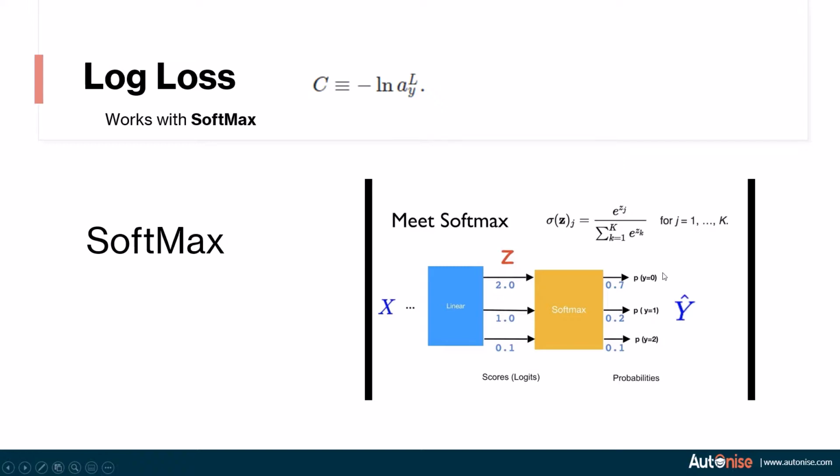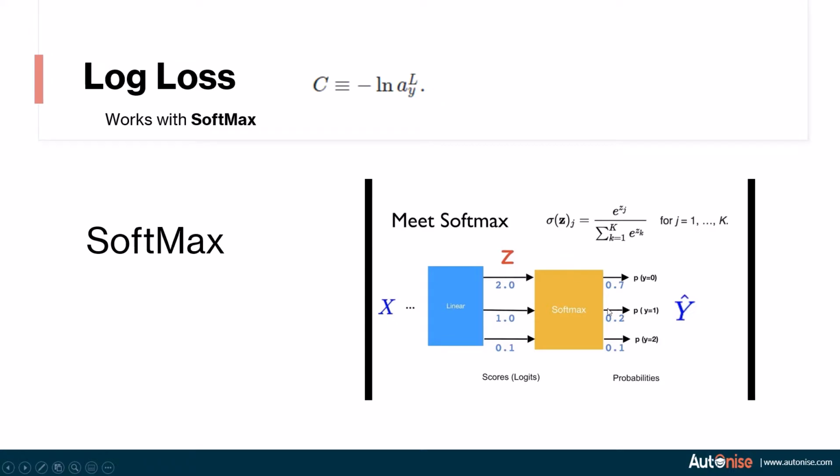We take the loss to be 0 directly for the first and the third outputs, and we calculate the log loss only on the second output, at index 1. So we calculate minus ln 0.2 and we train our network.